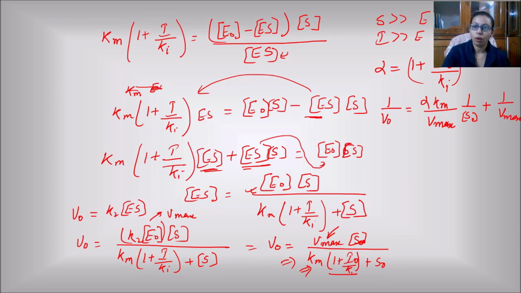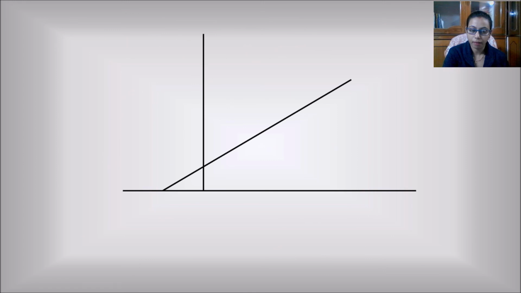Now when we plot this as per the Lineweaver-Burk plot, we will have this graph in the absence of any inhibitor. Here this point will be 1 by Vmax, this point will be minus 1 by Km, and this axis will give you 1 by V naught, and this will give you the 1 by S naught value.